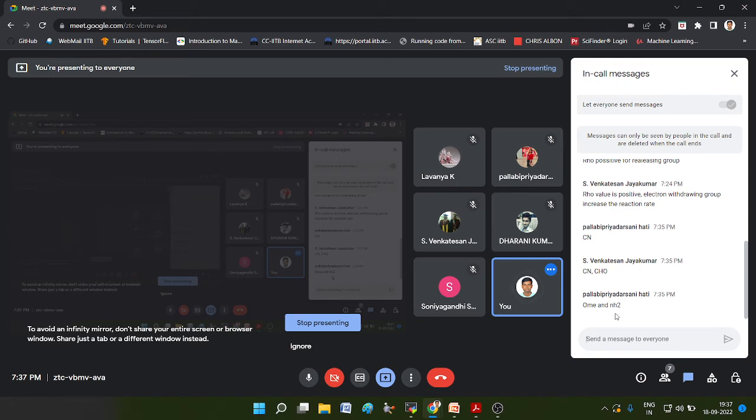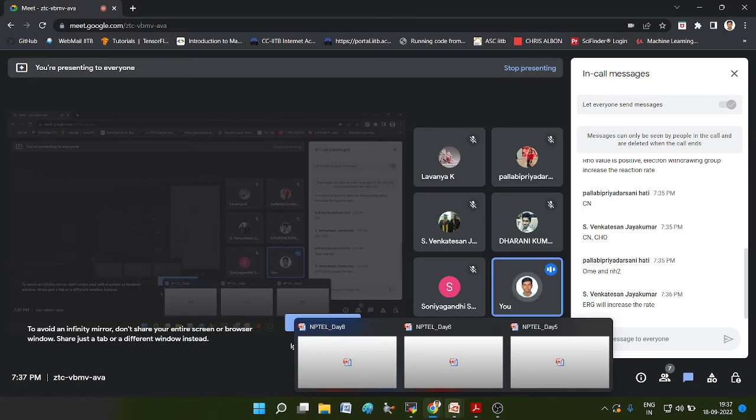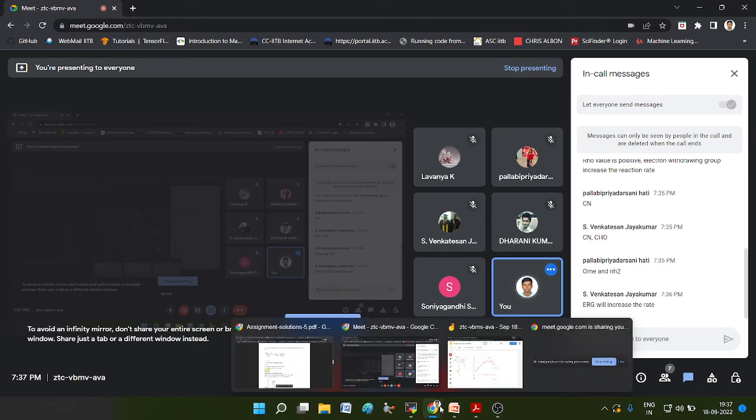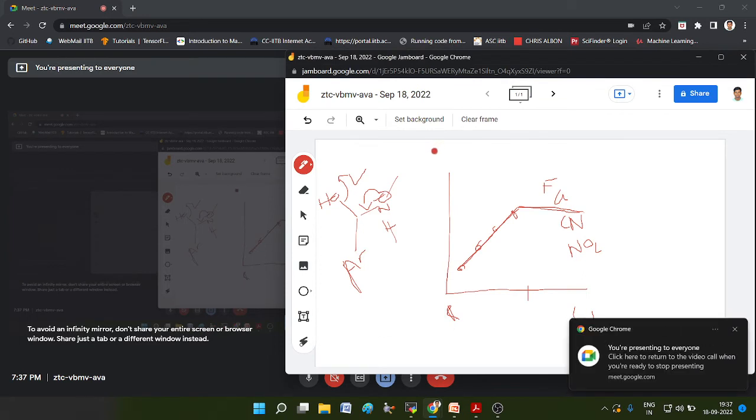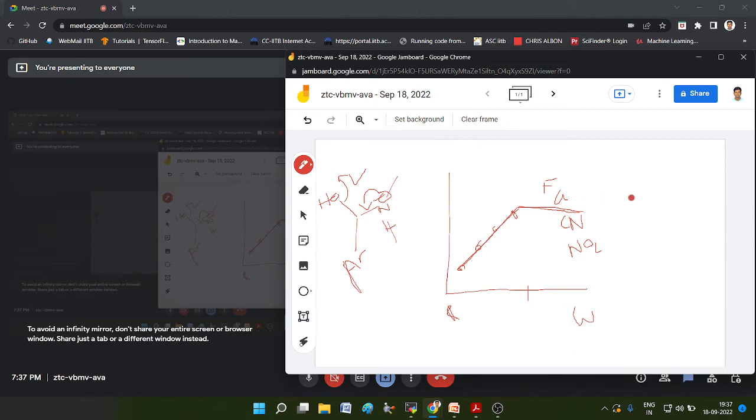Okay, that's great. Now you see, an electron releasing group will increase the rate. Yes, perfect. So here you have to understand one thing: the change in mechanism. I will go to the slide and then discuss here. The interesting thing is that in the last example, it was similar to the carbonyl group attack, right?